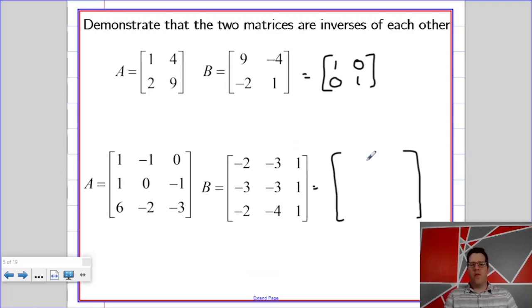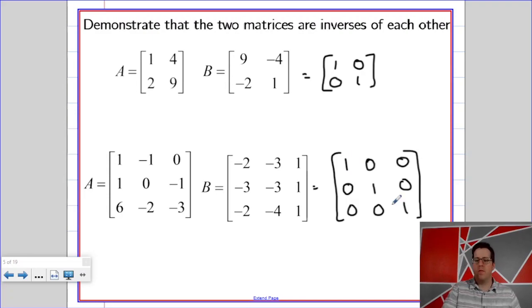The identity for a 3 by 3 matrix has the same pattern with 1s on its main diagonal and 0s in every other place. Multiply A and B together to verify that they are inverses. You can pause the video and I'll wait here.